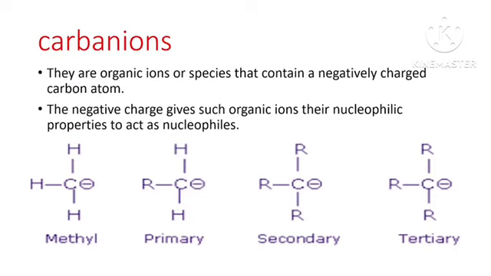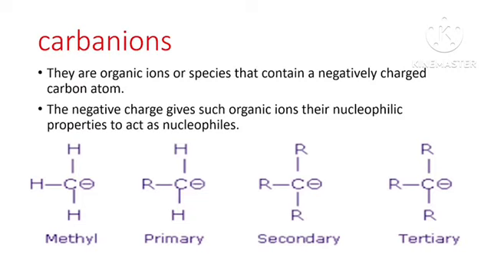Okay, so the basic way you can explain what carbanions are to a layman or someone who has no idea about what they are is just trying to explain it in a way that we wouldn't use small or huge chemistry terms. So that is what I tried to put down here, that they are organic ions. It means that they are made up of carbons, hydrogens, like basically hydrocarbons, right?